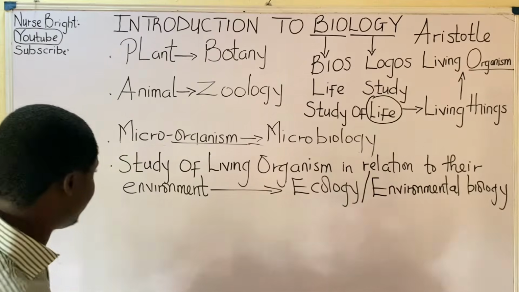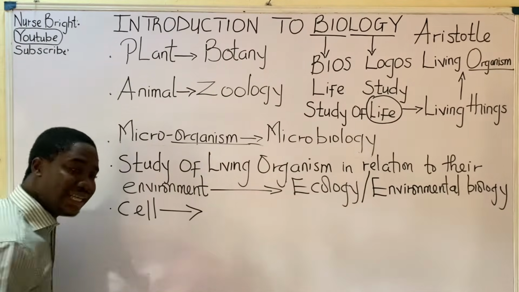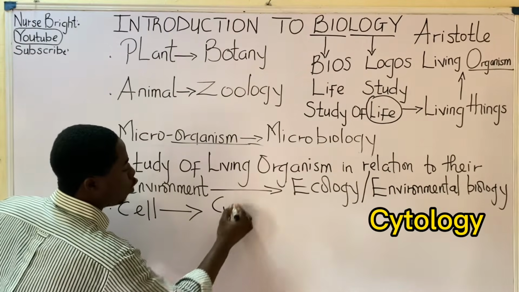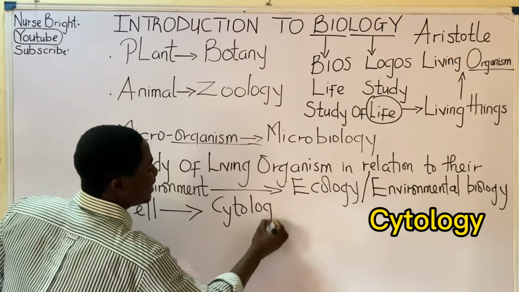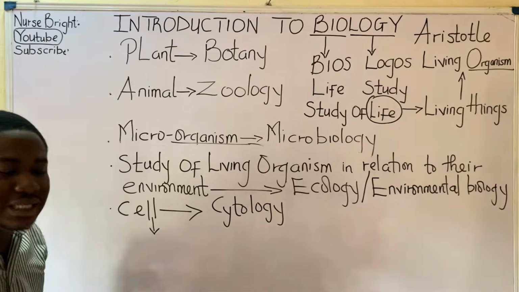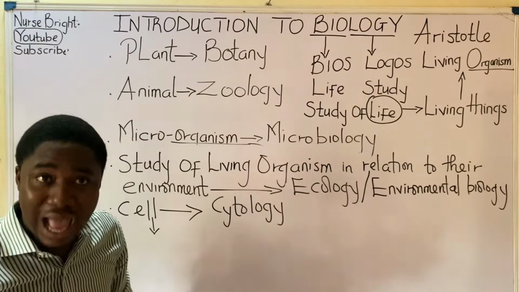Now, let's progress. When we study the cell, it is one key aspect of biology still, and it is called cytology. Do you understand? When cells are studied, remember, cells form the basic functional and structural units of life.